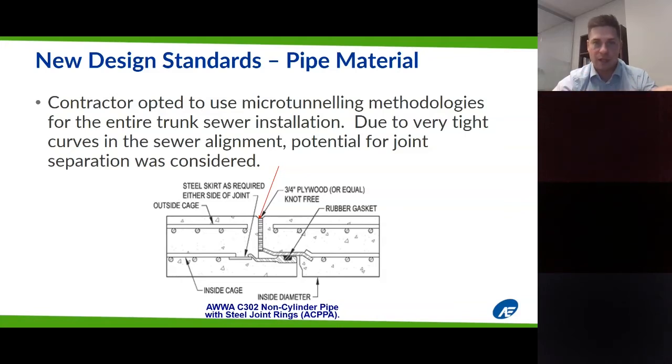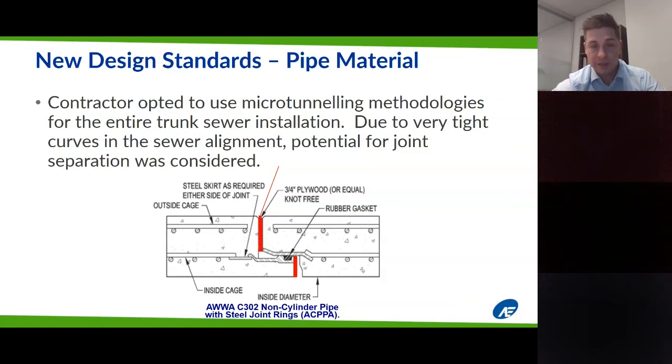It allows fines, as you're jacking the pipe, to move in between these joints, and over time and over the length of the string, can separate these joints to a point where they can be inches wide. And it essentially is a void in that location.